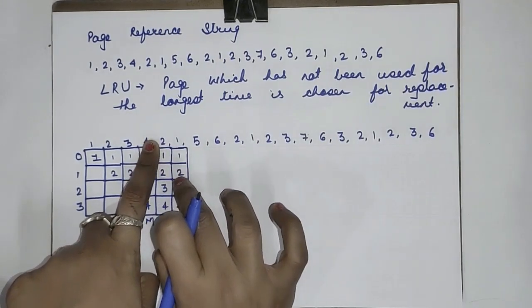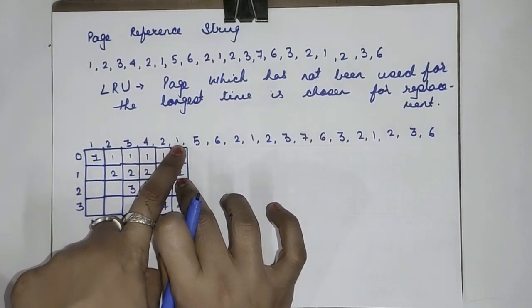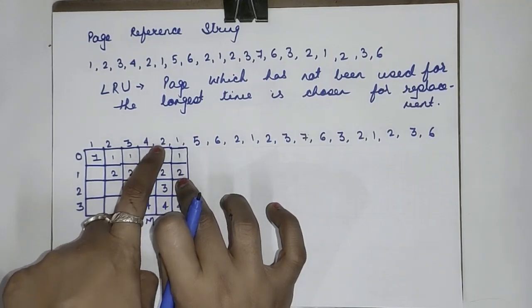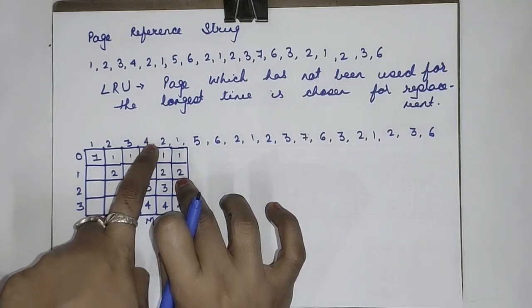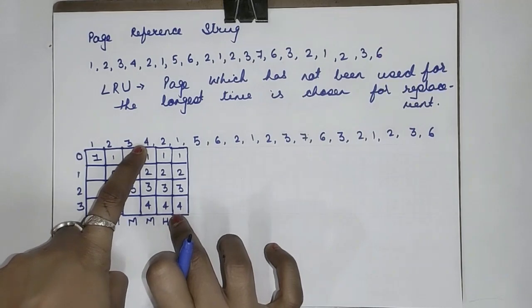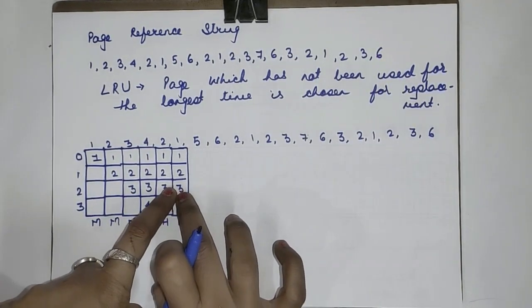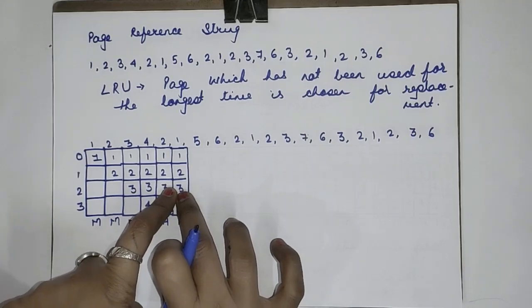Now 2 is used over here. So first, 1 has the highest priority. This is the most recently used. Second, I'll check for 2. 2 is the second most recently used. Then you have 4. So 4 is your third most recently used. Next you have 3. So 3 was your least recently used.